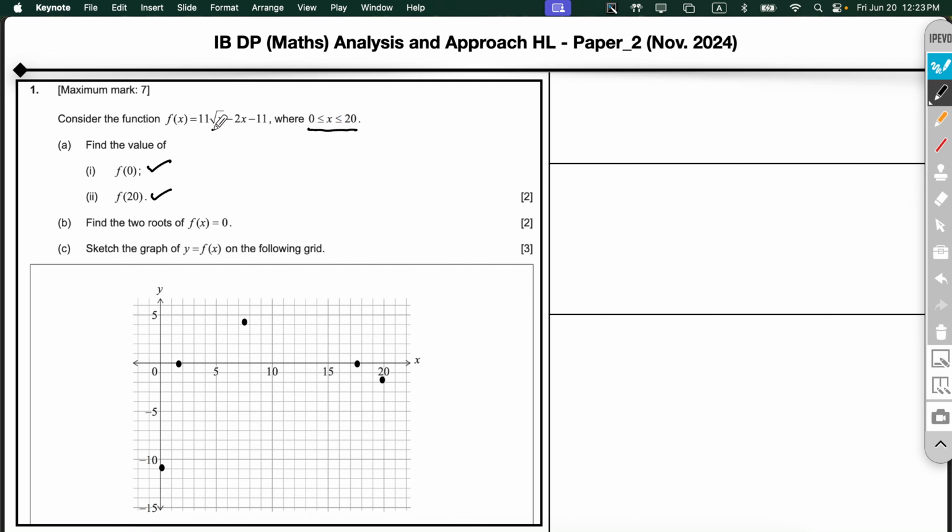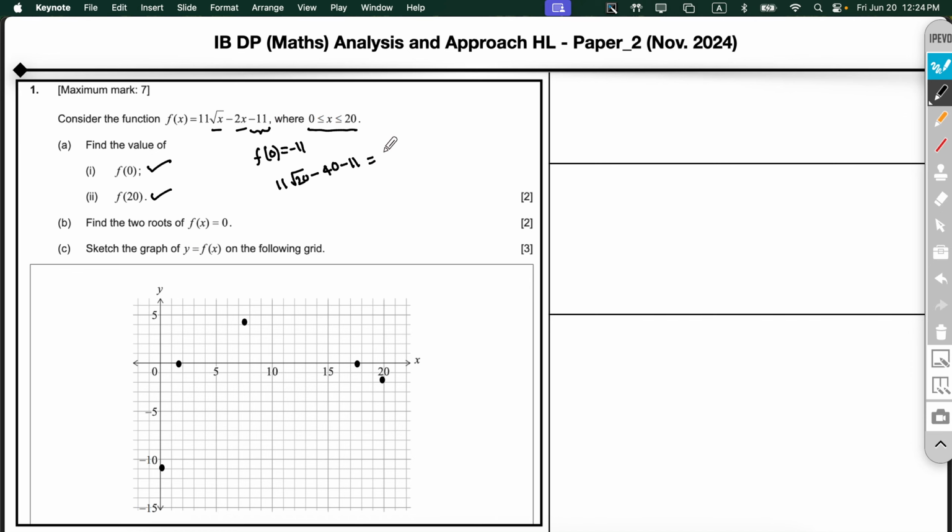If we put 0 here, these two terms vanish because square root of 0 is 0 and negative 2 times 0 is 0. Only this term survives. So f of 0 is negative 11. And if you put in 20, you get 11 times square root 20, minus 40, minus 11.